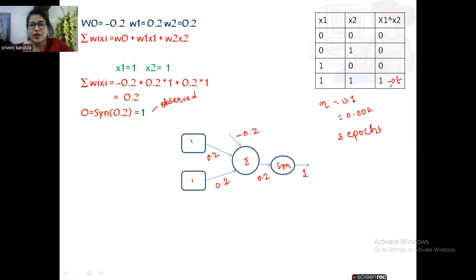If you take this value as 0.002, this might take many epochs. So everything is dependent upon the training time that you have. If you take a smaller value of eta, the training time will be more. If you take a larger value of eta, the training time will be less. So this is how our perceptron training rule works.